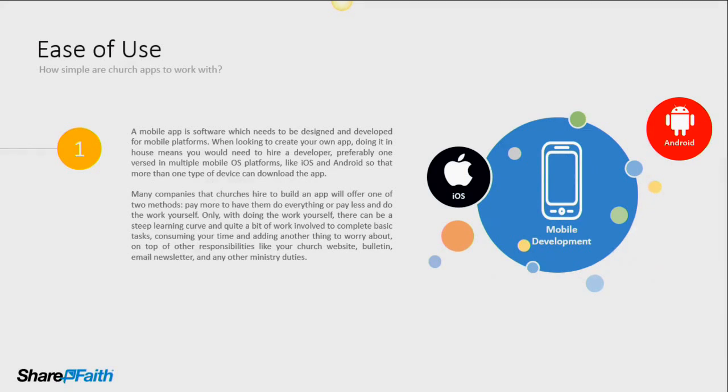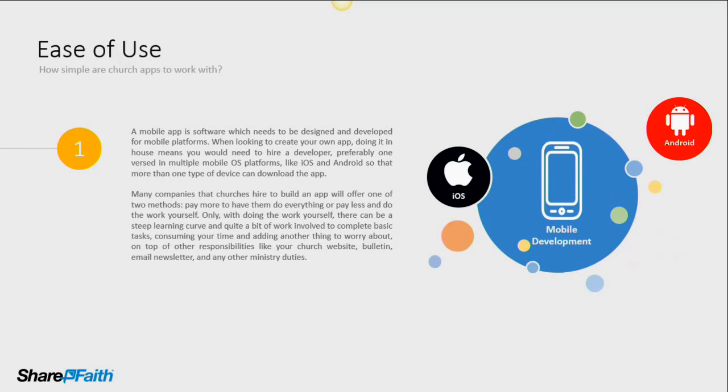people with devices today. Now, companies offer to build things like this, but there are some things you have to keep in mind. First of all, you have to look and see what they are going to develop for. Are they going to do both Apple and Android? What kinds of charges are going to come into play? We'll look at that here in a bit. What's the turnaround time on stuff like this?